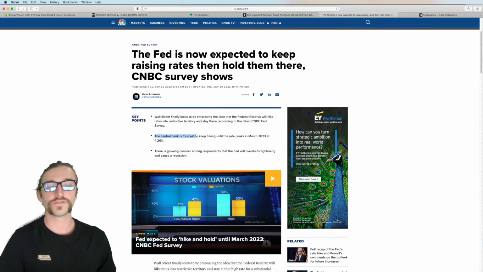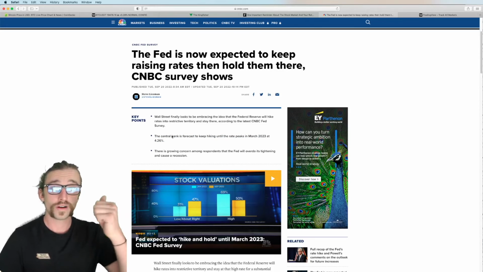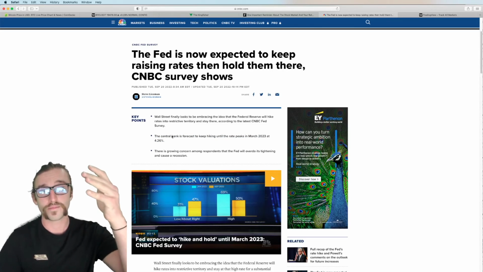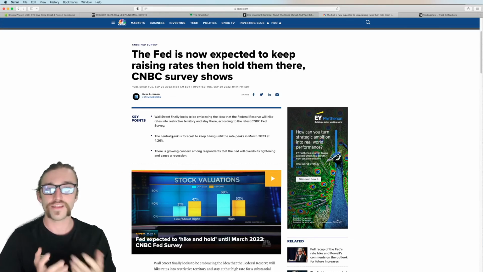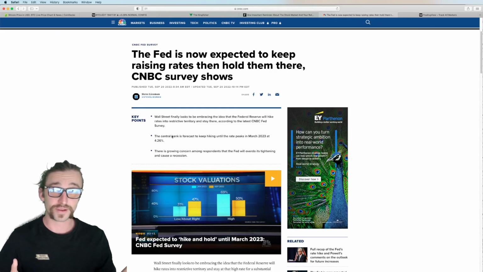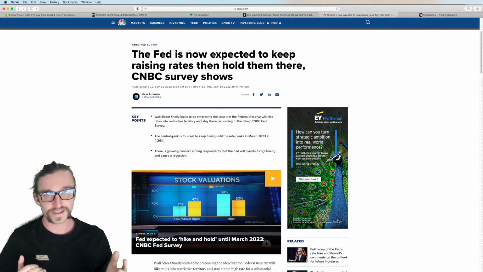The central bank is forecast to keep hiking until the rate peaks in March 2023 at 4.26%. So October, November, December, January, February, March. That's 6 months ahead. If we are looking 6 months ahead and the market wants to see the rates peak before it turns around and starts heading up, and we're 6 months forward looking, and this is forecast to occur in 6 months, maybe we can put two and two together.